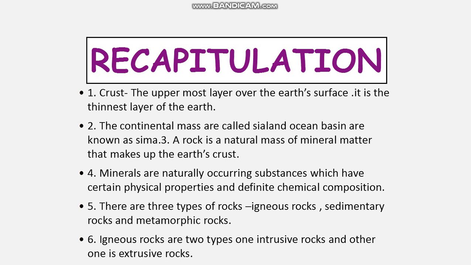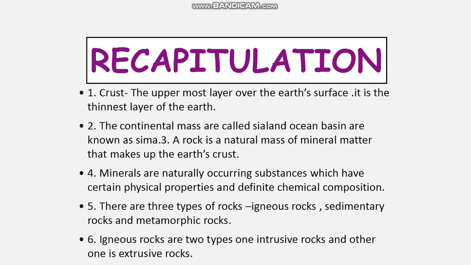Now let's have a quick recap of what we learnt in this module. Crust. Crust is the uppermost layer of the Earth's surface, and it is the thinnest layer of the Earth. The continental mass is called sial, the ocean basin is known as sima. A rock is a natural mass of mineral matter that makes up the Earth's crust.